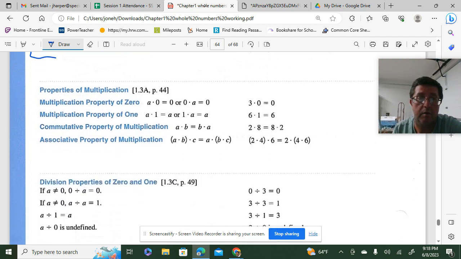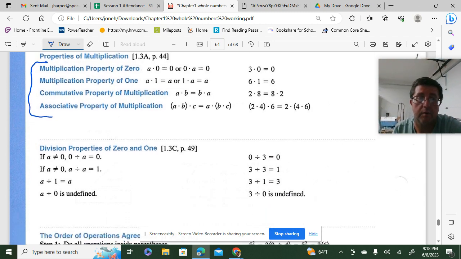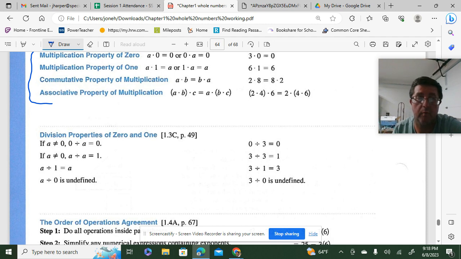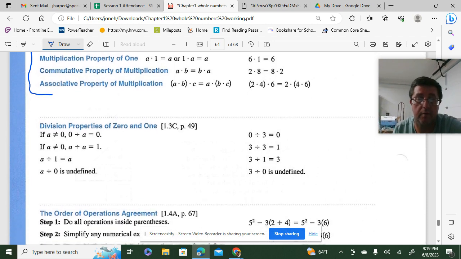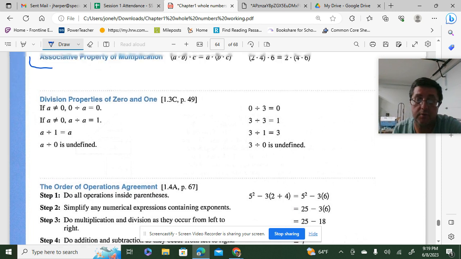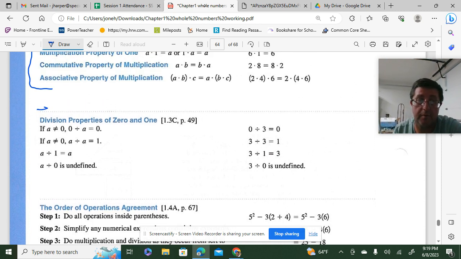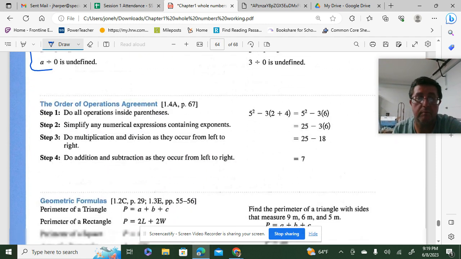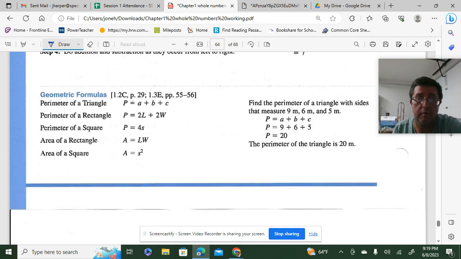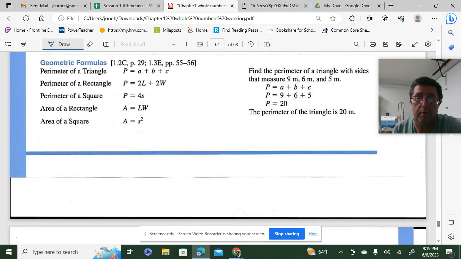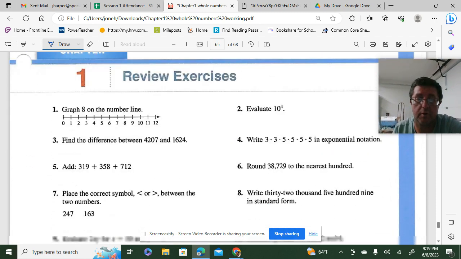Now here you do the properties of multiplication. Multiplication property of 1, multiplication property of 0. Actually, Judy, we were trying to find this the other day. It was at the end. So again, do this. Maybe make out some flashcards with this.